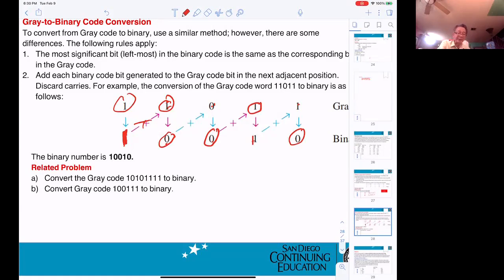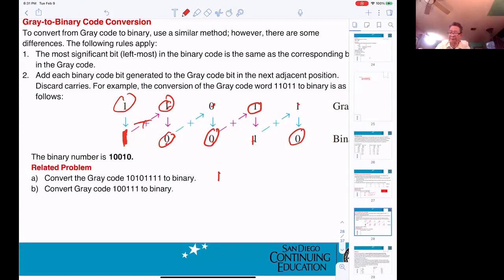Who has the answer, let me know. Number A. 1, 0, 0, 1, 0, 1, 0.